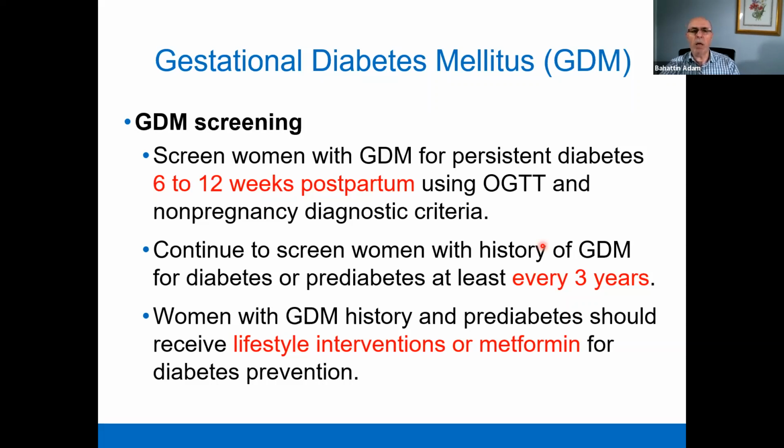Screen women with gestational diabetes mellitus for persistent diabetes 6 to 12 weeks postpartum, using the oral glucose tolerance test. I'm going to explain it later, and non-pregnancy diagnostic criteria. Continue to screen women with a history of gestational diabetes mellitus for diabetes or pre-diabetes at least every 3 years.